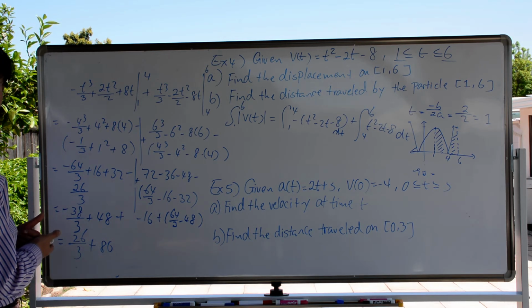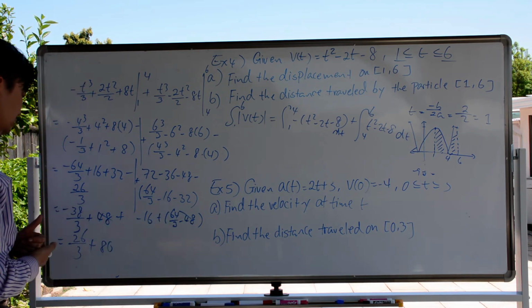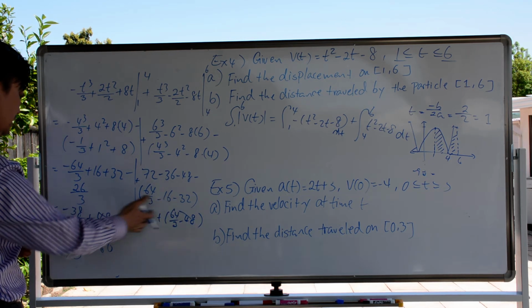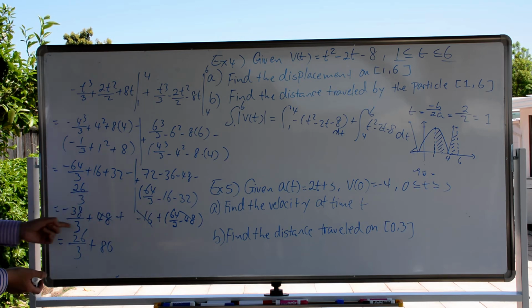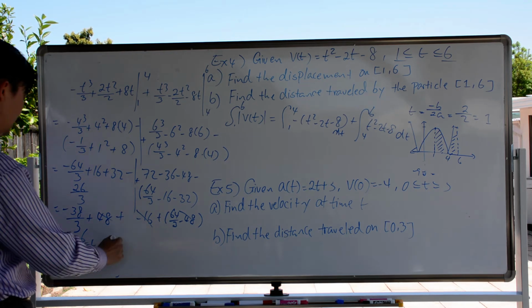So that's a lot of arithmetic right here, a lot of computation. Again, this one got canceled, this one got canceled, so we're left with this one. This one would be 96 minus 16, then that would be 80. And then combine this together, 26 over 3 plus 80.